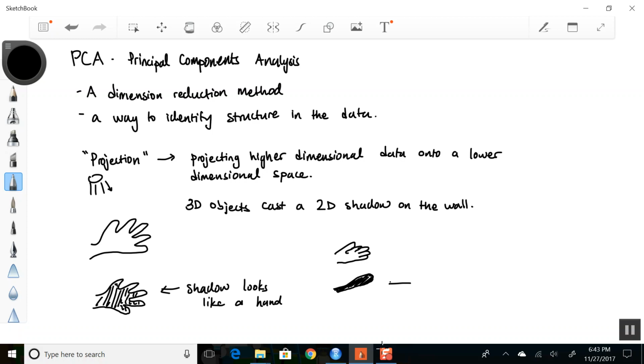Okay, and this shadow, while entirely a true projection of the data, does not really represent, doesn't look like a hand, okay?